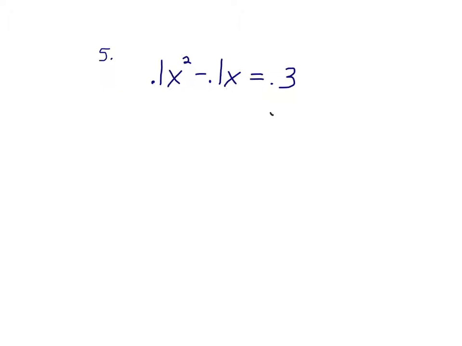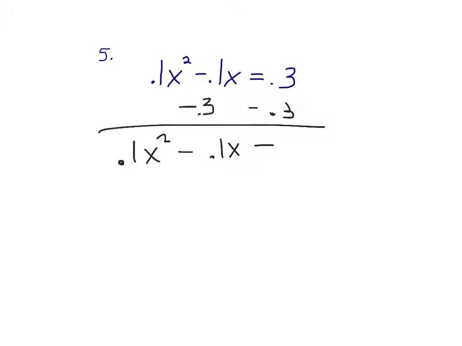So I'm going to move the 3/10 over by subtracting it. And then I get 1/10 x squared minus 1/10 x minus 3/10 equals 0.